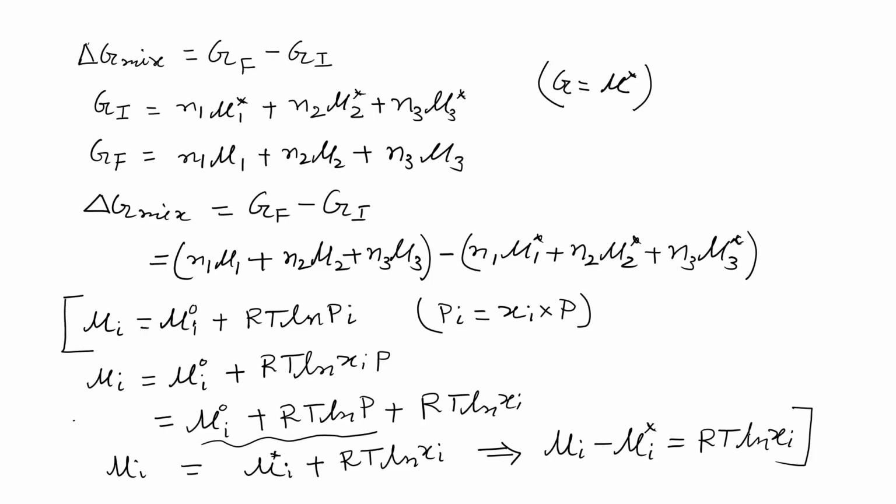So now we got delta G mixing is equal to N1 mu1 plus N2 mu2 plus N3 mu3 minus N1 mu1 star, like that. Once again, next page we write it.